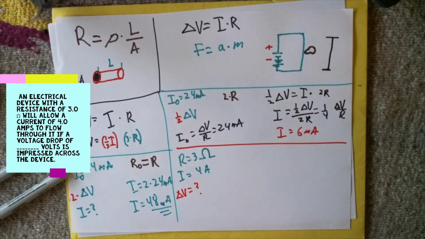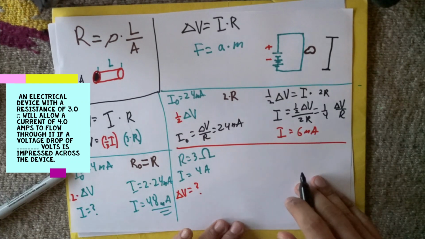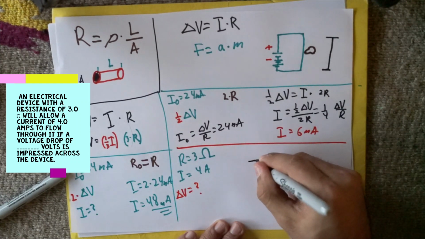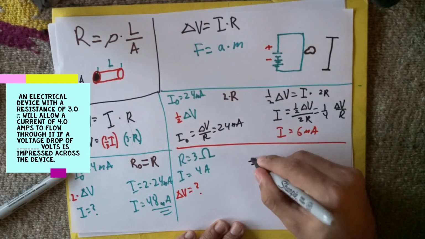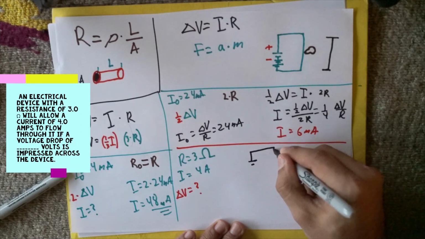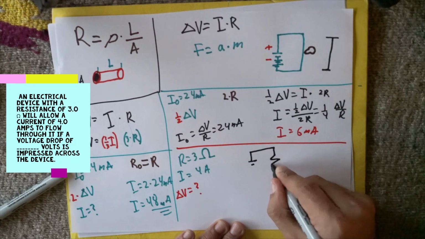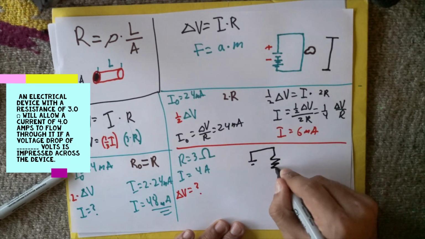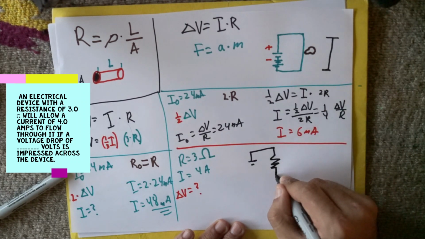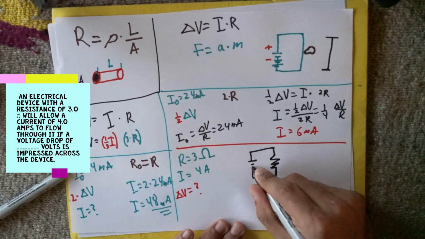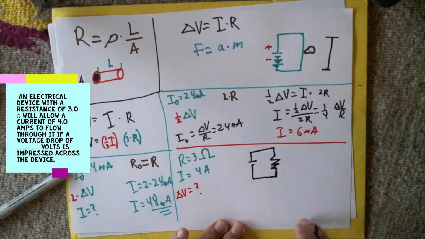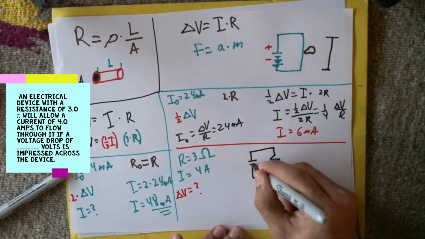Okay, so let me draw a circuit for you. If I have a very simple circuit, which looks like this, this of course is the battery or the power supply, and this little zigzag demonstrates that the path will be a little difficult for the charge to flow through, so it represents the resistor. Makes sense, right? Now there's this thing called voltage drop.